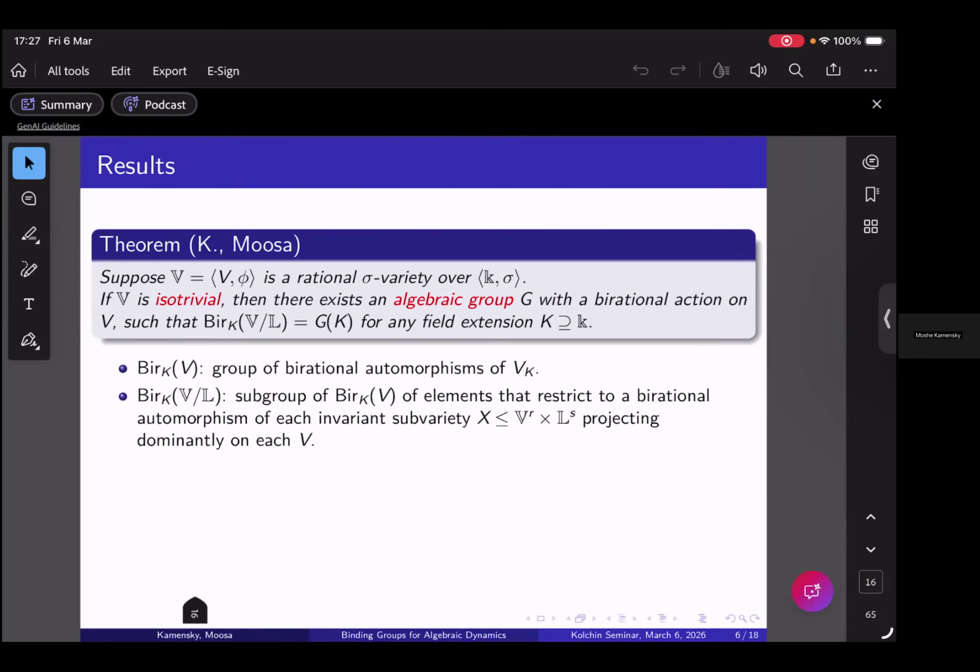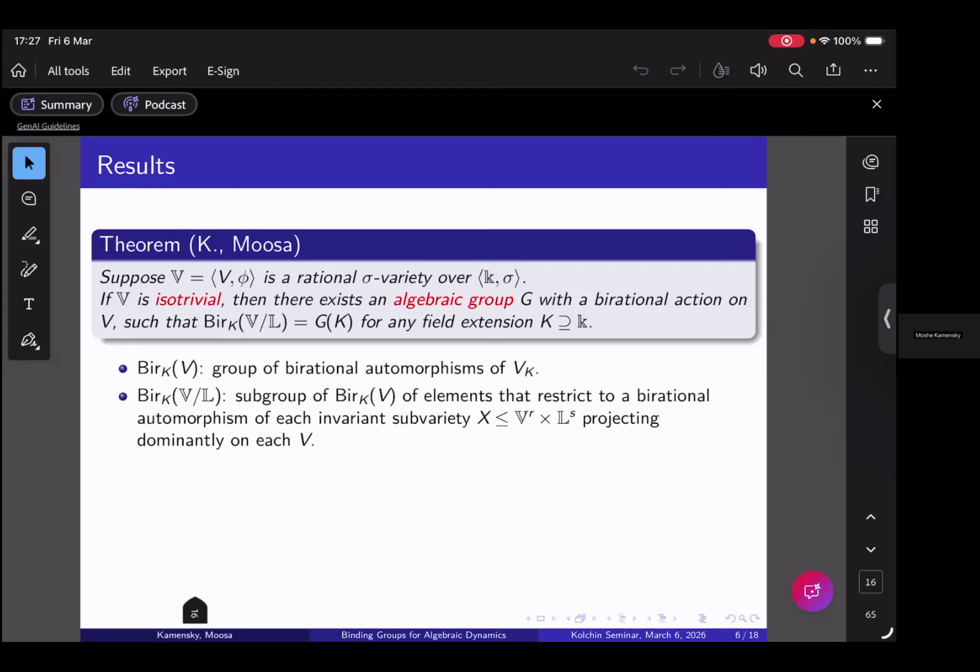Now, if I want to take into account the dynamical structure, I consider all the invariant subvarieties of all Cartesian powers. I need to be a bit careful because I'm working in the birational category, so I want them to project dominantly on all the factors. And I look at the subgroup of all the automorphisms that preserve these invariant subvarieties, where the action is diagonal and the action on L is trivial.